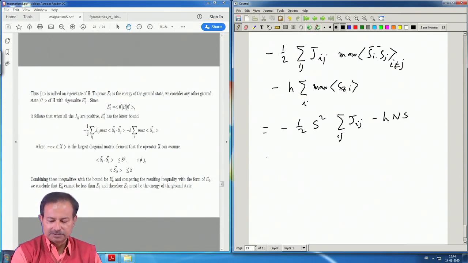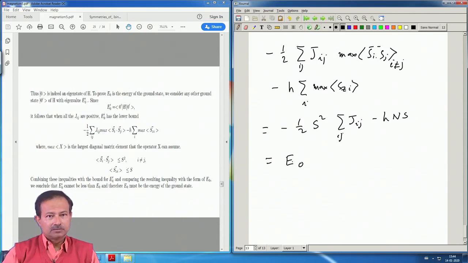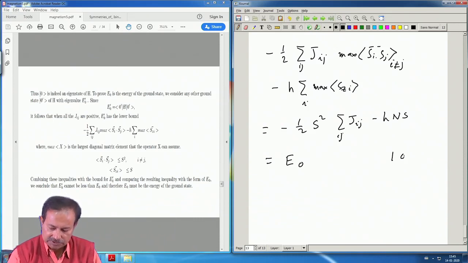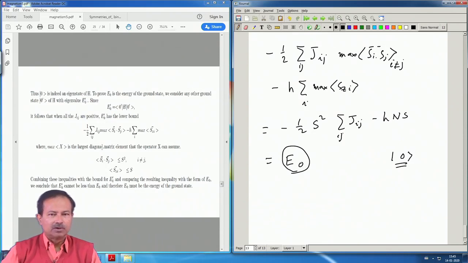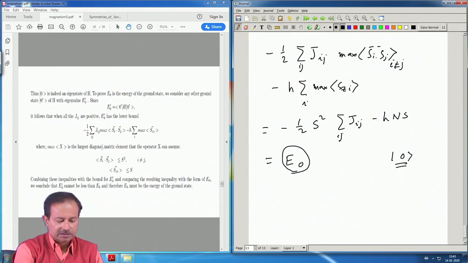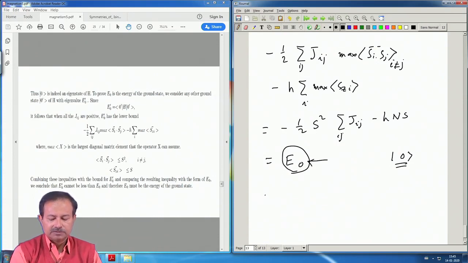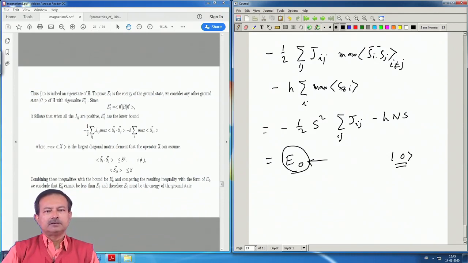Now, look at it, this is equal to E0 that we obtained for our original classical ground state, the one we assumed would apply here. So, the lower bound of the energy of this Hamiltonian coincides with this value. The lower bound being equal to E0, there is no other state for which the energy is below this one.